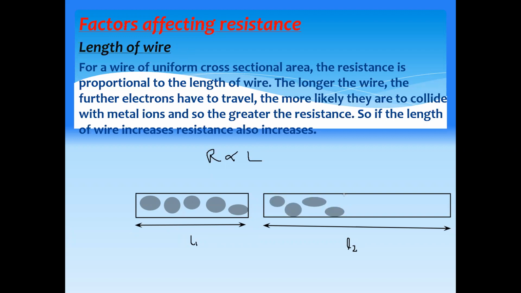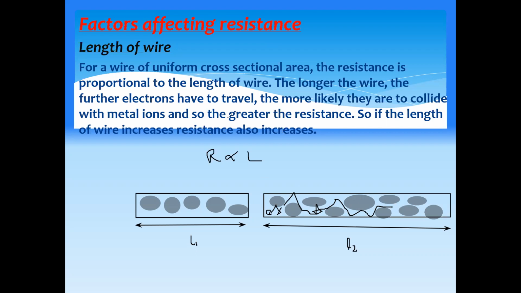If you have a longer wire, the electrons will have more collisions with the positive ions, which reduces the speed of the electrons. So when the electrons move slowly, the number of charges which enter at one point and the number of charges which leave at the other point will be different. So for a wire with a uniform cross-sectional area, the resistance is proportional to length.